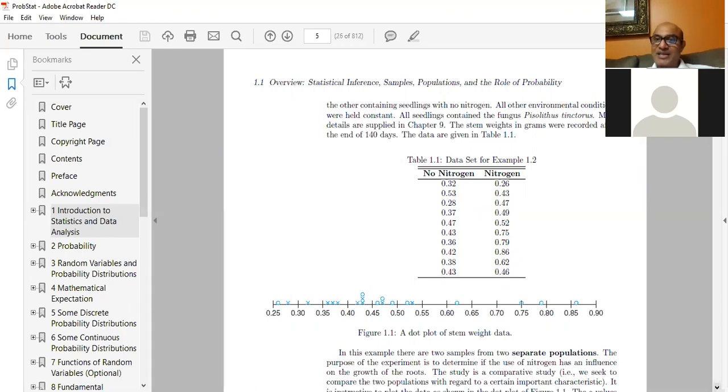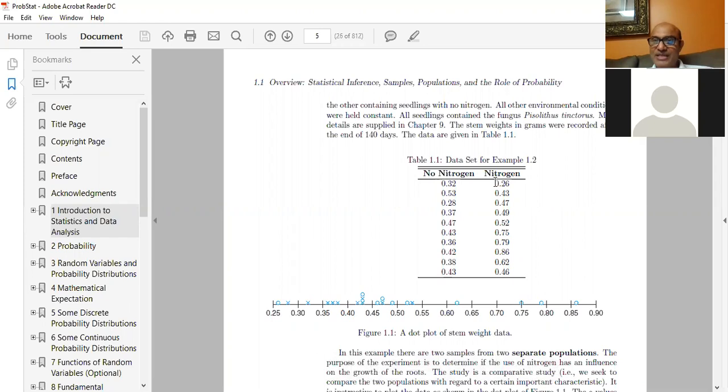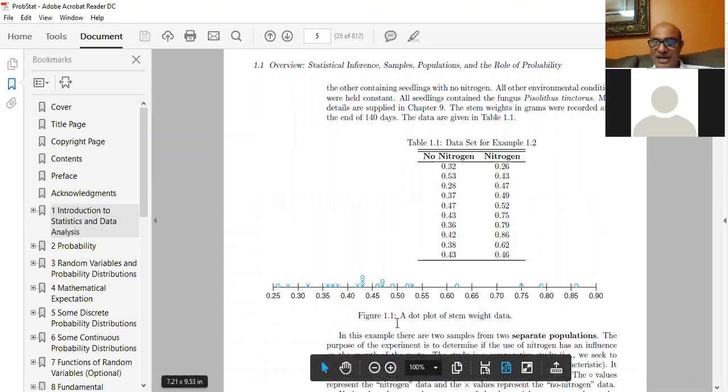The stem weights in grams are now given over here, for no nitrogen and for nitrogen. I have this dot plot chart over here starting at 0.25.